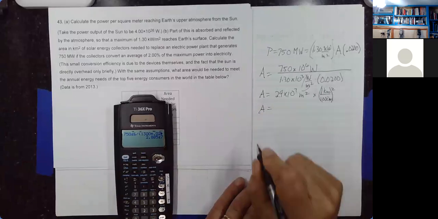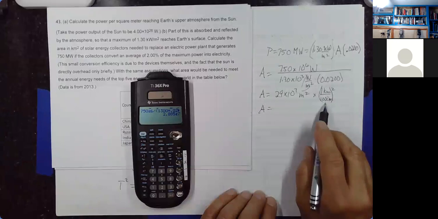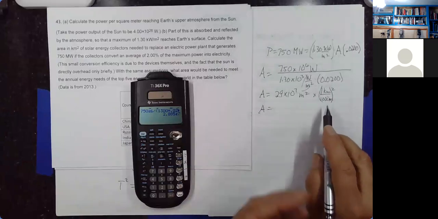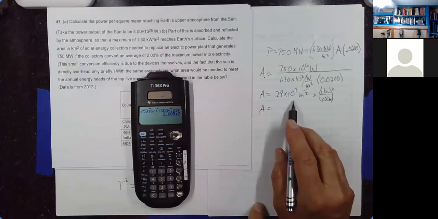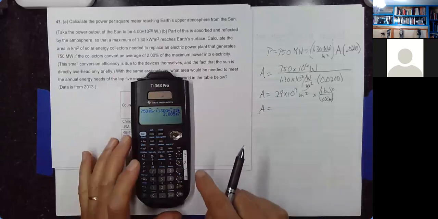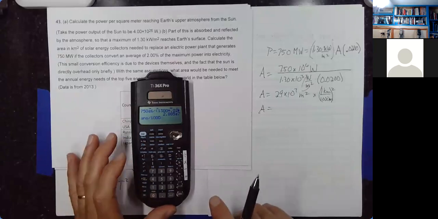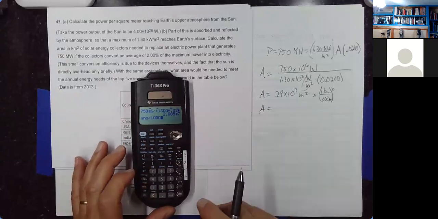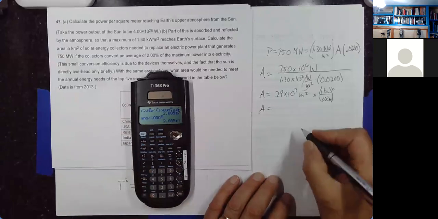So I'm going to divide this by 1,000, which is 10 to the 3rd. 10 to the 3rd squared is 10 to the 6th. I'll get 2.9 times 10 to the 1st, I think. But I'll go ahead and divide it by 1,000 squared. I think I'll get 29 square kilometers. Yes, I do.